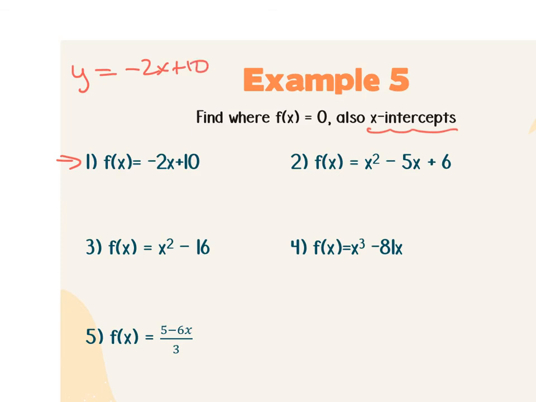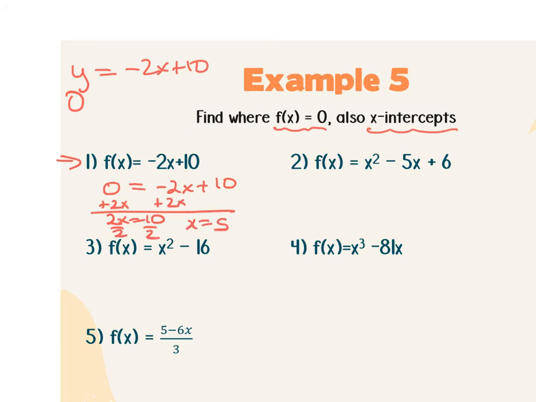So to find an x-intercept, I would set y equal to 0, and then I solve. So that's what this is telling you to do. You set your function equal to 0, so I take out the f of x, put in 0, and now I solve for x. So I'm going to add 2x.